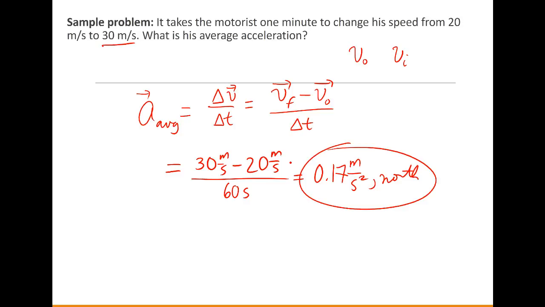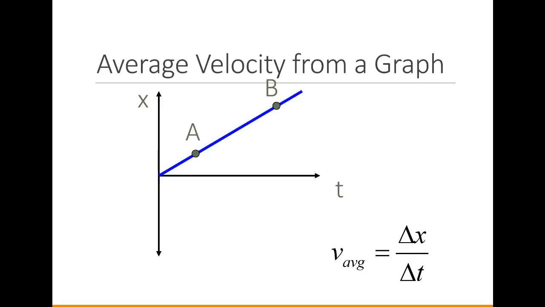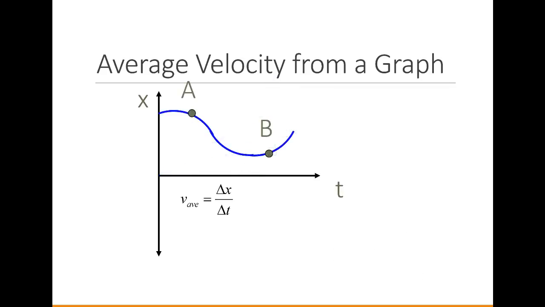previous example. Okay, so now we're going to start looking at graphing motion, and you can see that if this is a graph of position x versus time, and I pick 2 points A and B, I can find a slope by considering delta x over delta t, which we have defined as the average speed.